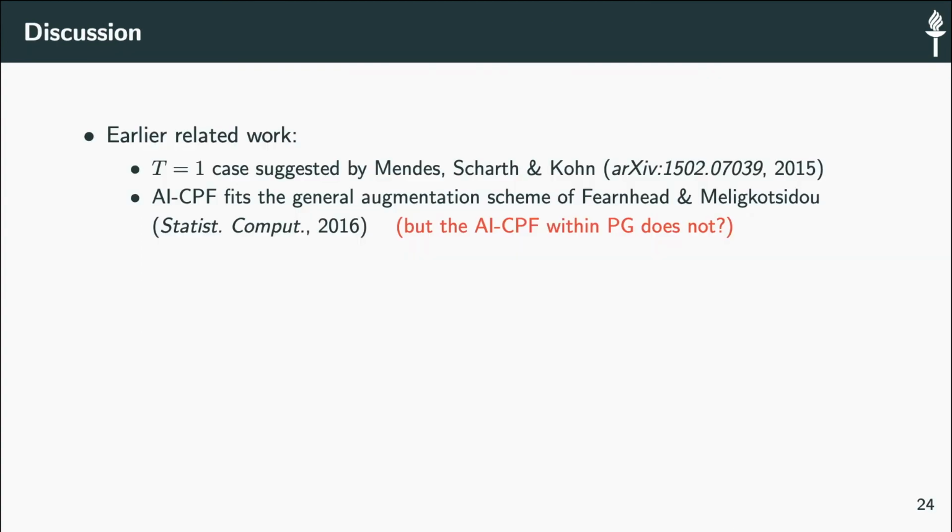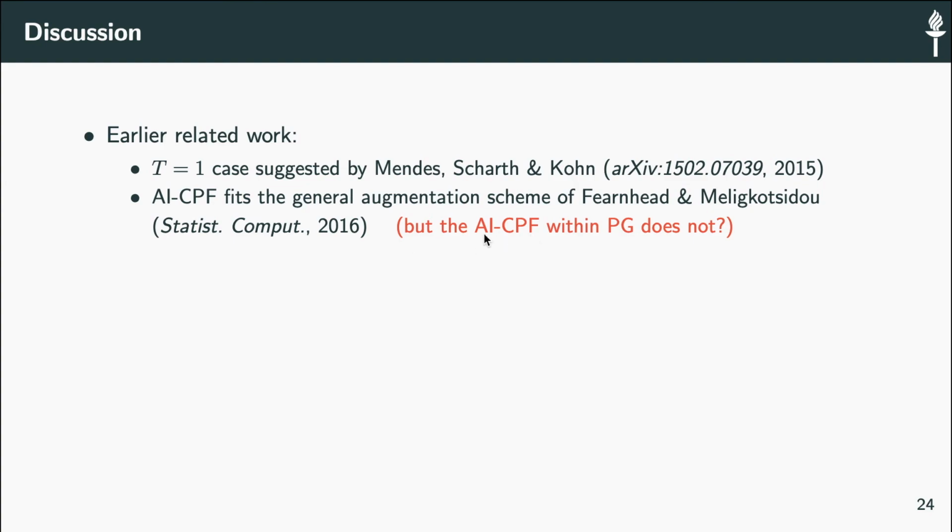So there is some earlier related work. In the case t equals 1, at least the random walk version of the t equals 1 case that I showed, has been suggested before. And then the AICPF does fit the general augmentation scheme presented earlier as well.